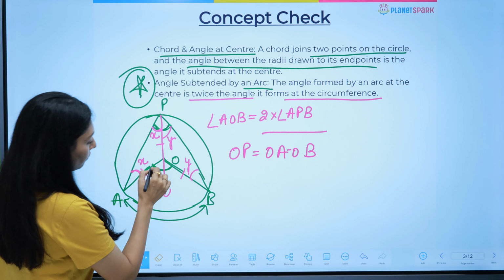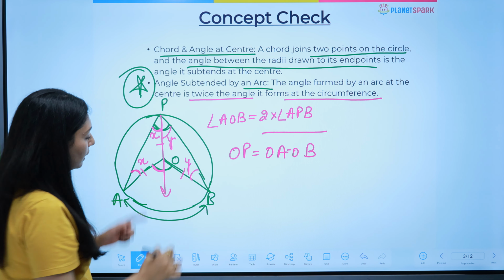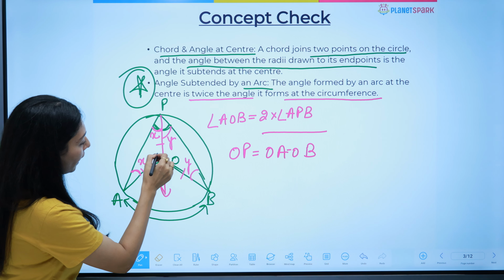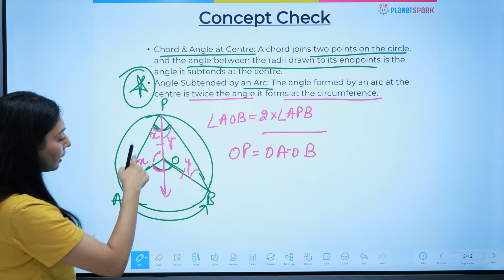Come back here. इस एंगल की अगर मैं बात करूं, this is the exterior angle to this triangle, right everybody? Do you remember the exterior angle property? That is, the exterior angle is equal to the sum of the opposite interior angles, right? So for this angle, ये है adjacent angle. Opposite angles हैं ये दो.